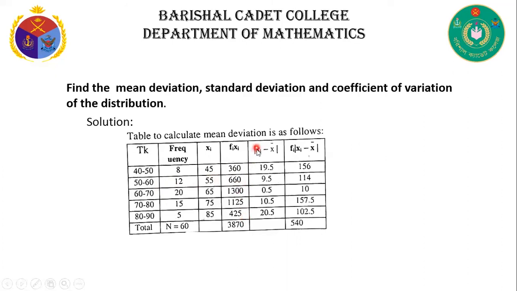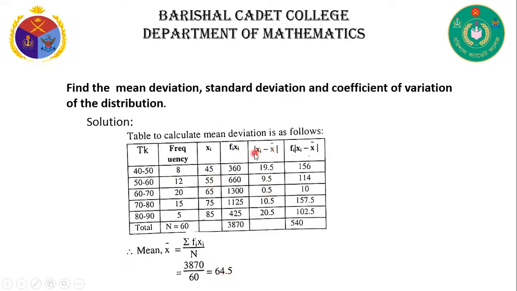Now modulus of xi minus x bar. We know from mean, x bar is equal to summation of fi xi divided by N, that means 64.5. Here x bar means 64.5.